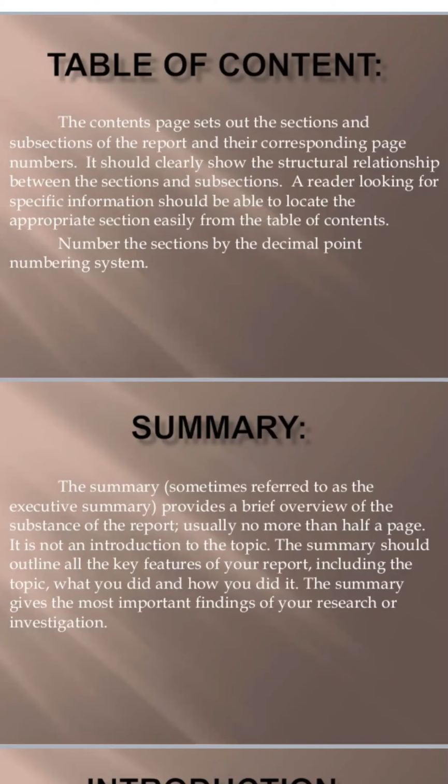They can just look at the page numbers along with the section numbers, and go to the accurate page. So you have to write it down and number the sections using decimal points, a numbering system you can make.